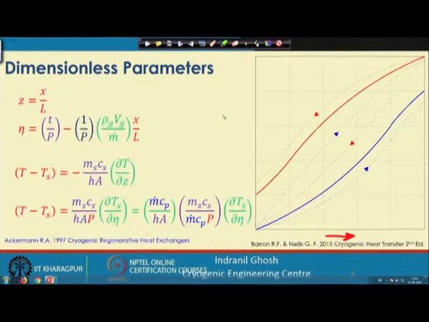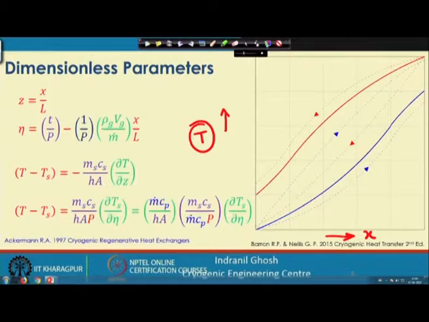So, here we have the reduced temperature, and on this side we have the dimensionless longitudinal distance, and this is how the cold fluid is entering this heat exchanger.